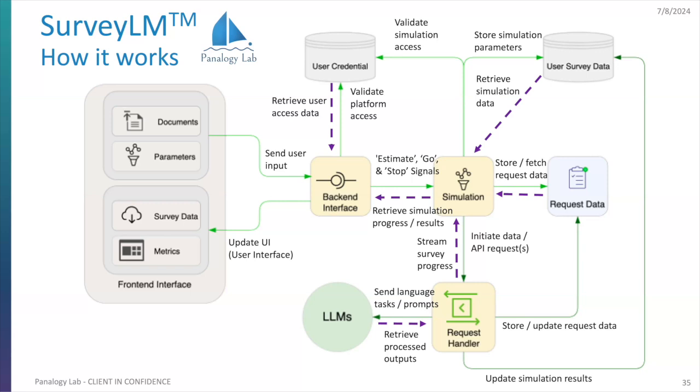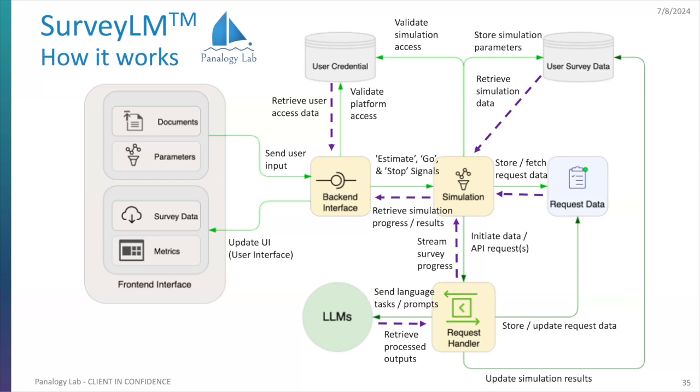I send them through to the backend interface, which then sends signals whichever way. I might press estimate, go, stop, whatever, to interact with the actual system module, the simulation module I call it. And then that'll send back the results or progress streaming.